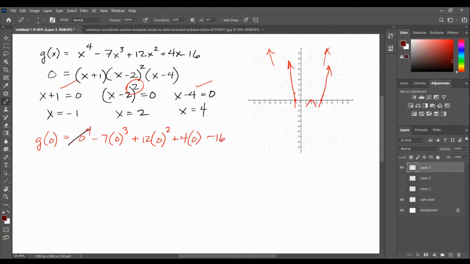And all of these terms are going to go to 0 because anything times 0 is 0. So g of 0 is -16. So this graph actually drops way down here and comes up, bounces, and I could find g of 3 to find how far it drops here, and I don't think it drops very far.